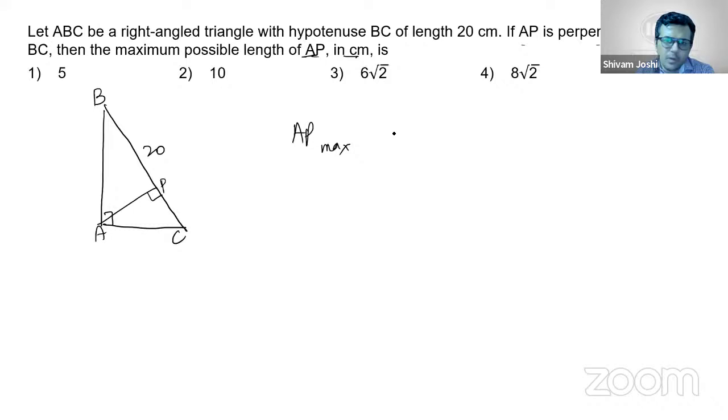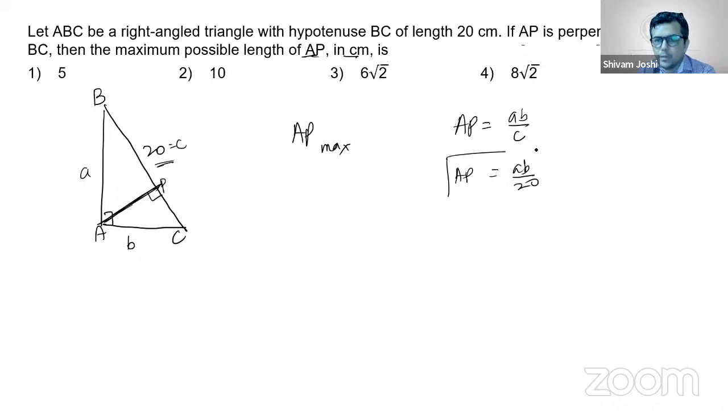What is the formula for AP? AP is altitude on hypotenuse, which is A into B upon C, right? C is given to you as 20. So AB upon 20. This is what we are looking for.